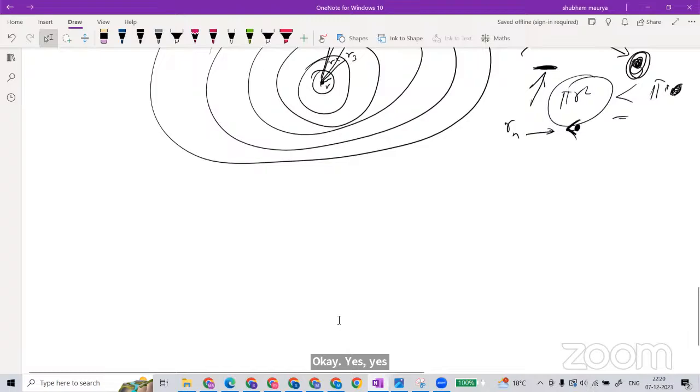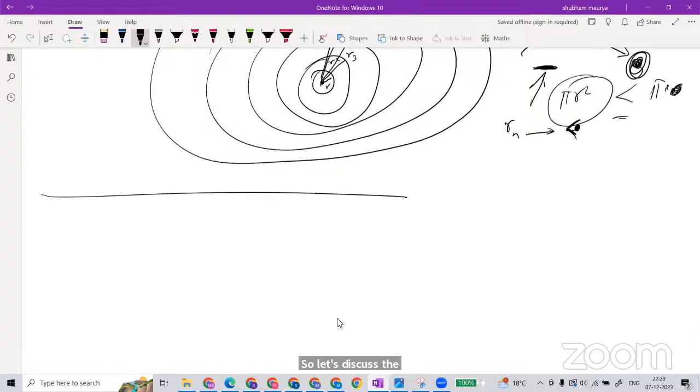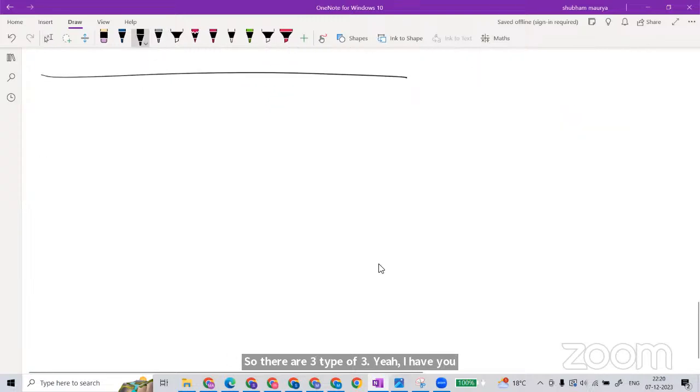So let's discuss the Riemann sum. There are three types of Riemann sum. I have spent much time on Riemann, so my suggestion is: first, what is the Riemann sum?